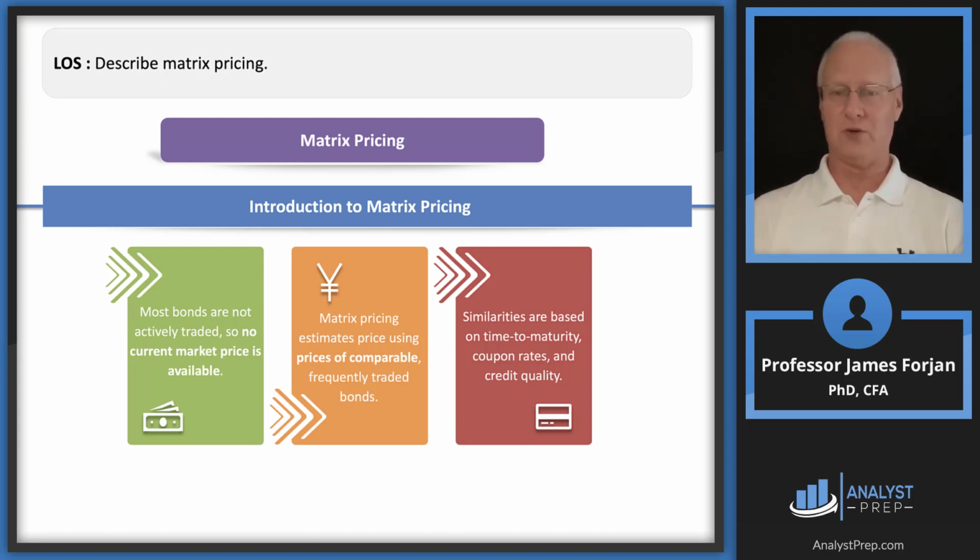So what we do is try to find a bond that is, I'm just going to say the word, identical: coupon rate, identical credit quality, identical maturity date. We're probably not going to find that identical bond, but we'll probably find something pretty similar, maybe nearly identical, maybe super similar.